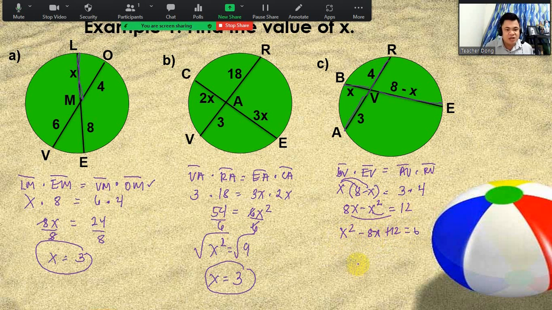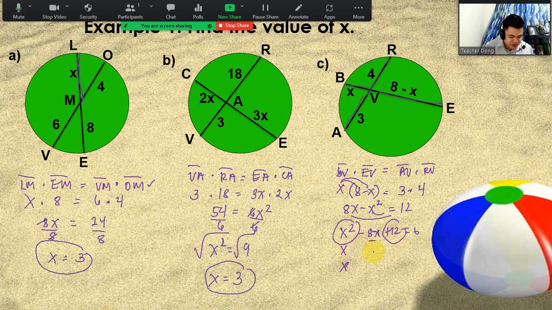So in a trinomial, we need to factor for us to be able to get the values of x, or the variable. In this case, we will just be using the cross method because that's the easiest, wherein we will be factoring the first term and the last term to get the middle term. So the factors of the first term are x and x. Then for the last term, we have to get negative 8x. Since this is positive 12, the factors are both negative.